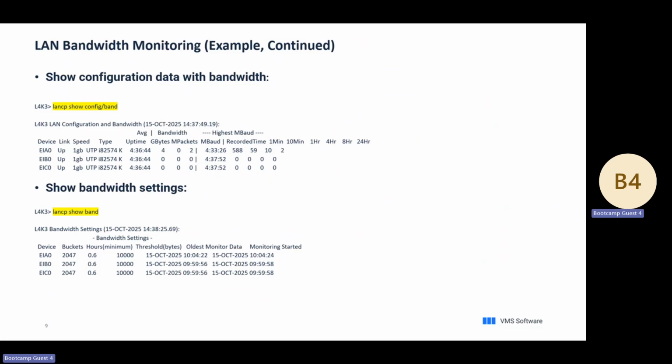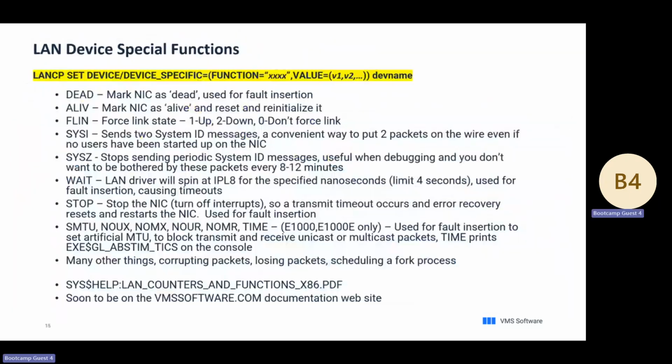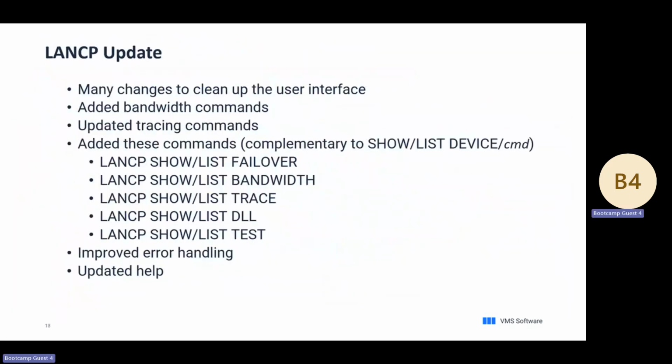And same with failover. It'll list all the failover devices and all the other commands. DLL, for example, all the DLL settings. So rather than do show device /failover to try to figure out which devices are running failover, you can just do show failover, and that will give you the summary of all the devices.